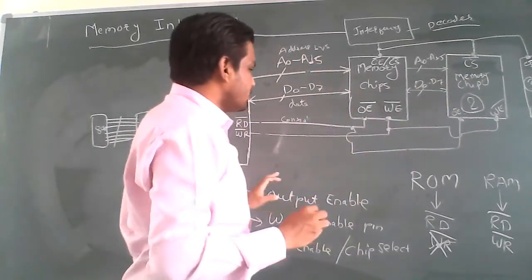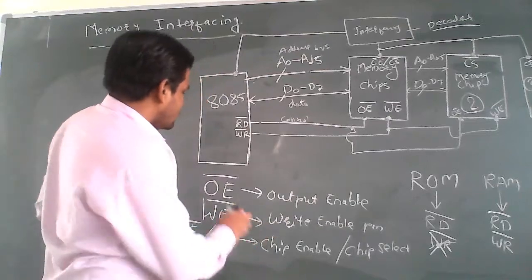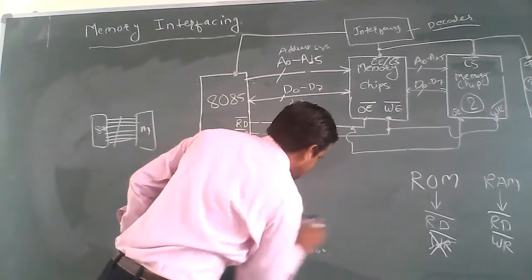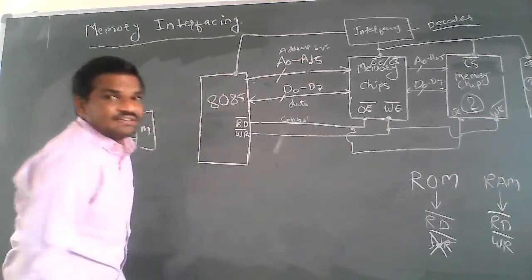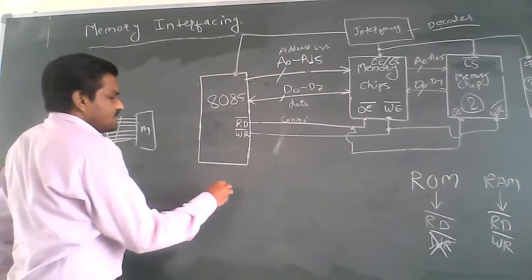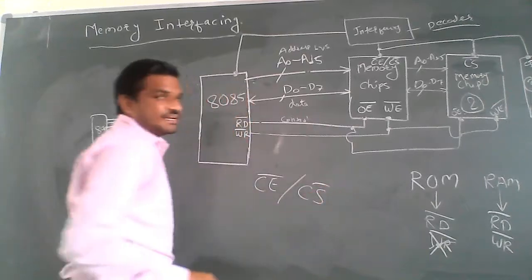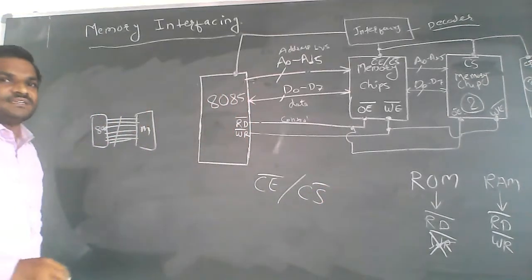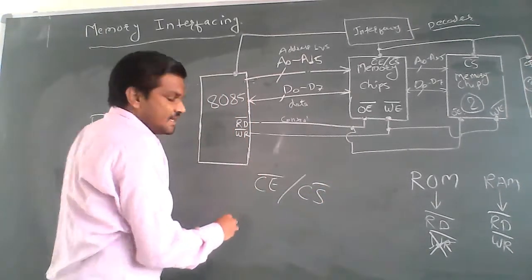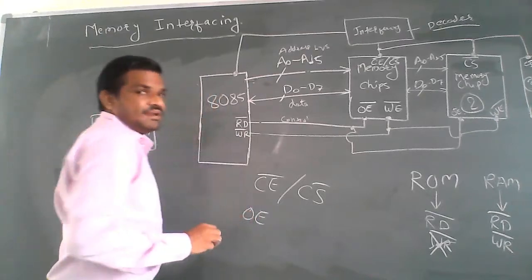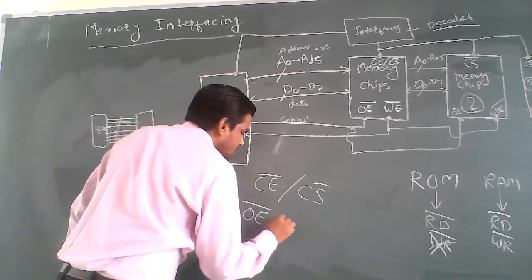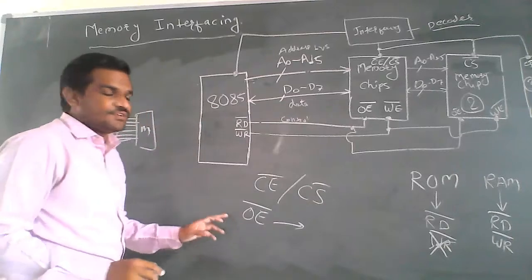So what are the important pins? I will write them here again. We have the chip enable, or chip select pin, then we have output enable.